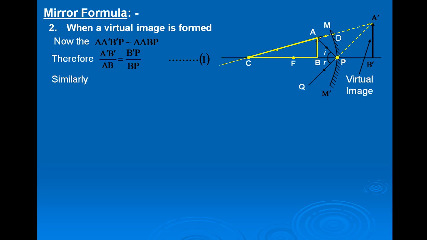Similarly, triangle ABC is similar to triangle A dash B dash C. Therefore, A dash B dash upon AB is equal to B dash C upon BC. Put this equation number 2.